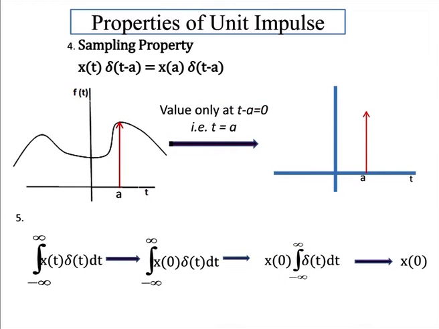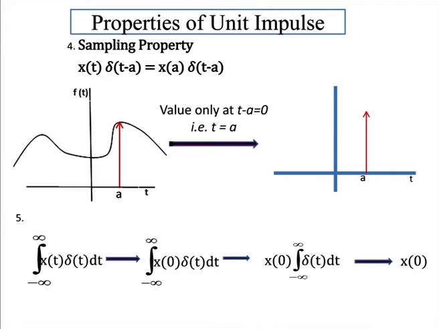sampling property. If we multiply any signal x(t) with δ(t - a), then x(t)δ(t - a) will be x(a)δ(t - a). It means the value of x(t) will be the value of the signal at t equal to a, that is nothing but x(a). So, ∫ from minus infinity to plus infinity of x(t)δ(t)dt, what is this?